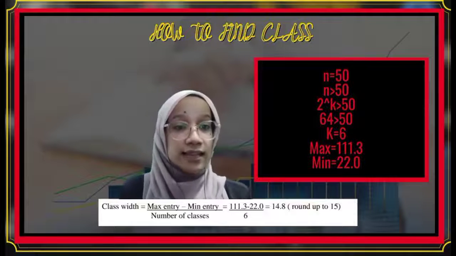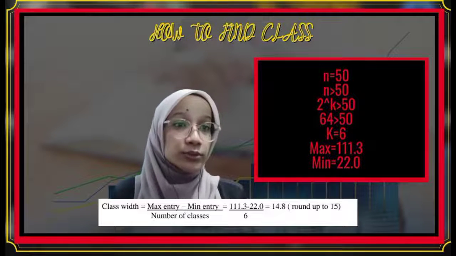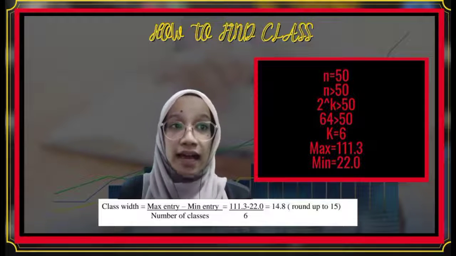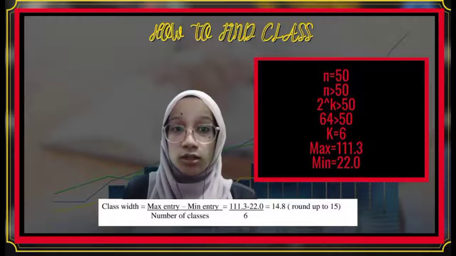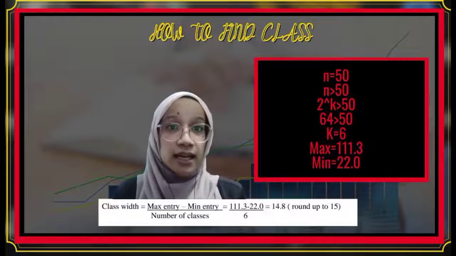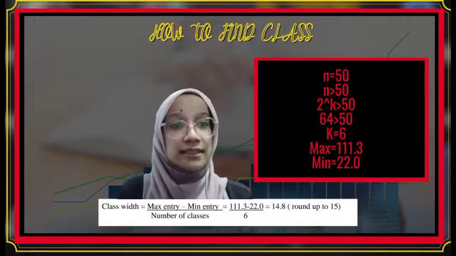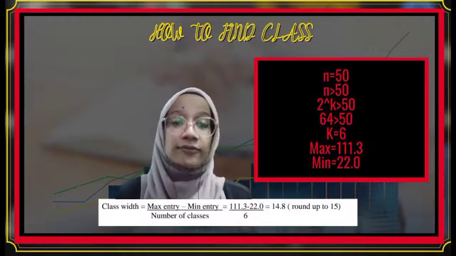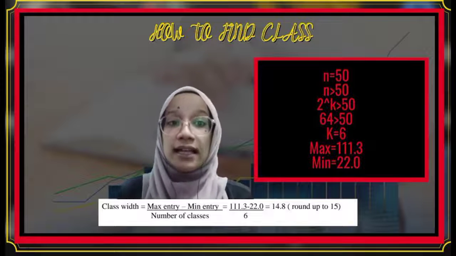The second step, we substitute k to 6, so we get 2 power of 6. When we calculate 2 power of 6, it is equal to 64. This means 64 is greater than 15. So now we can start to calculate the class width.